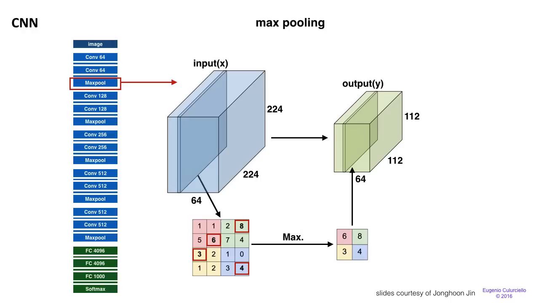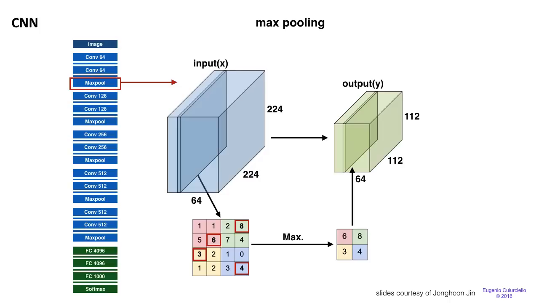This is how max pooling works. For each map, for example, take these multicolored matrices at the bottom of the image. You see that the input is like this, and there are some groups: a red group, yellow, blue, and green.